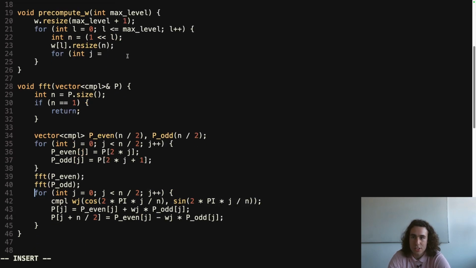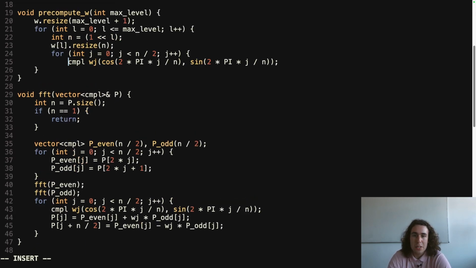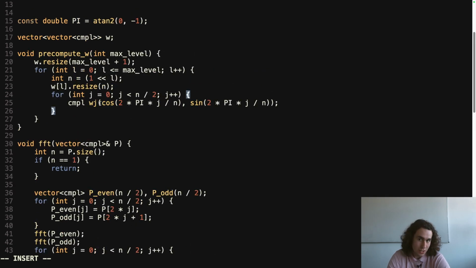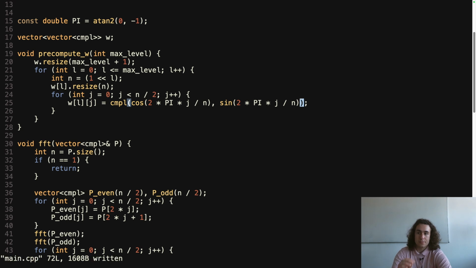Let's copy it actually. But we just save them instead of calculating them over and over again. So WLJ is this complex number. Great. So for all levels, we have, okay, but here we have n roots. For all levels, we calculate these things.